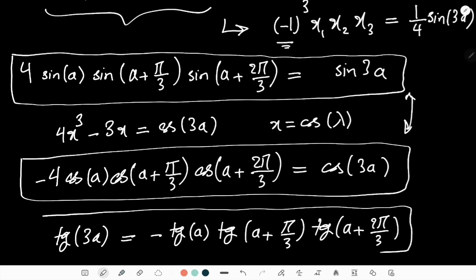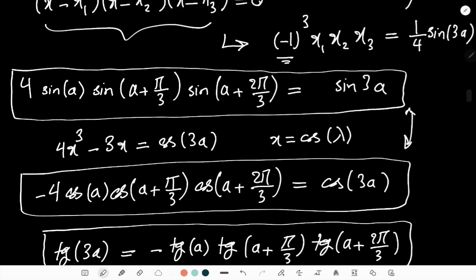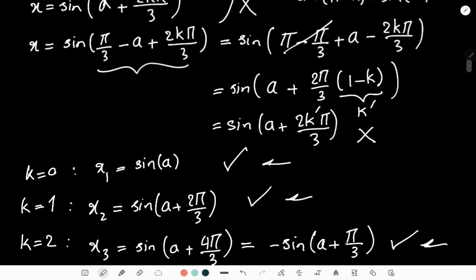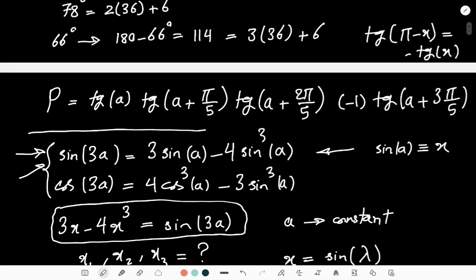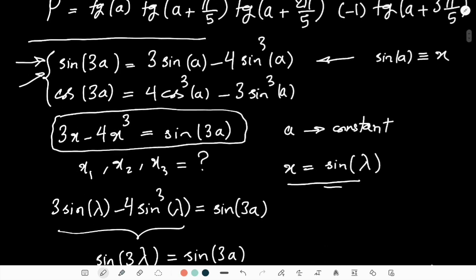Although this is not going to help me solve what I was trying to find in the beginning of the problem here. Basically, there we had tangent of a times tangent of a plus pi over 5 times tangent of a plus 2 pi over 5 times tangent of a plus 3 pi over 5.